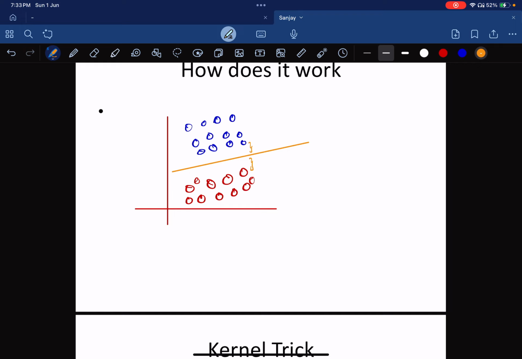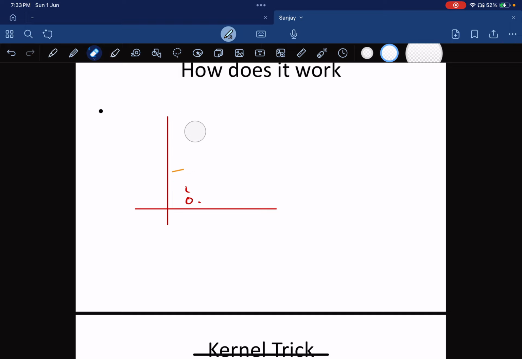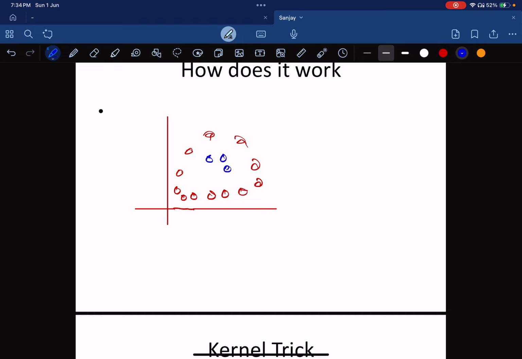Here we are seeing linearly separable data, right? What if some classes are not linearly separable? For example, these are the class ones, these are the class twos.